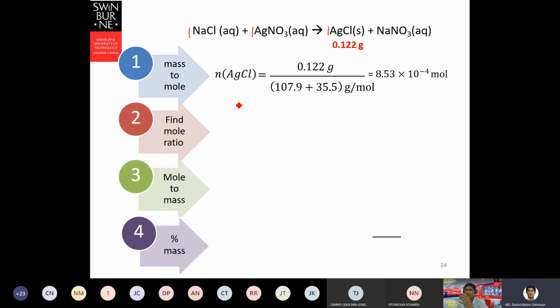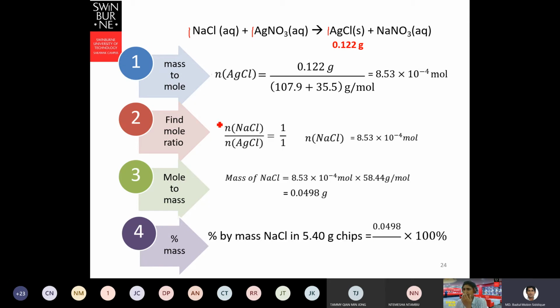So we need to find out how many moles of silver chloride are there, so that we know the exact number of moles of sodium chloride. The ratio of silver chloride to sodium chloride is 1:1, so the number of moles is the same.